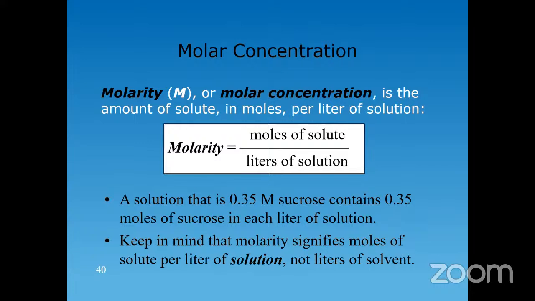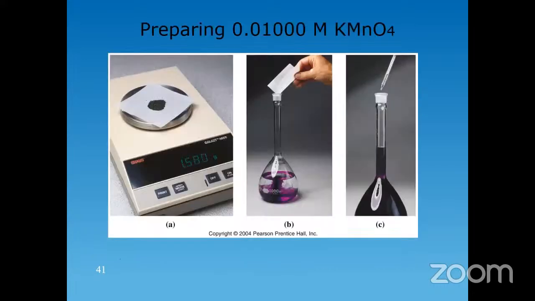Well, we had some experience with that in the lab this week. Basically, firstly, you have to determine what volume of the solution you're going to need, right? So it all depends. Now, in this particular example that is shown here, we're making a 1 liter solution of 0.01000 M potassium permanganate, all right?